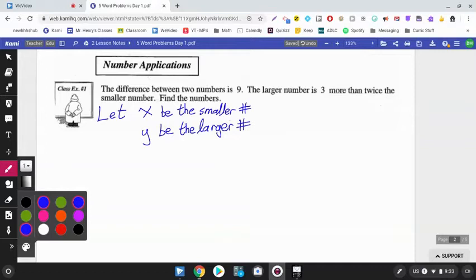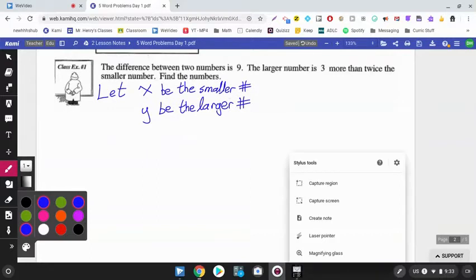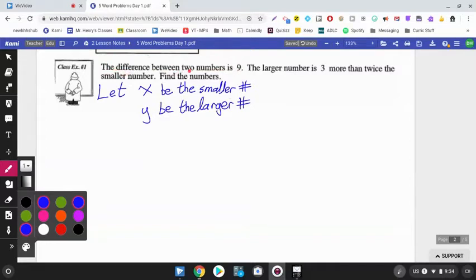All right, next step, so that's stating our variables. The next step is to actually come up with an equation. Well, the very first sentence is actually an equation. The difference between the 2 numbers is 9. Difference meaning subtraction. So if I subtract these numbers, I get an answer of 9. So I'm going to write equation 1.